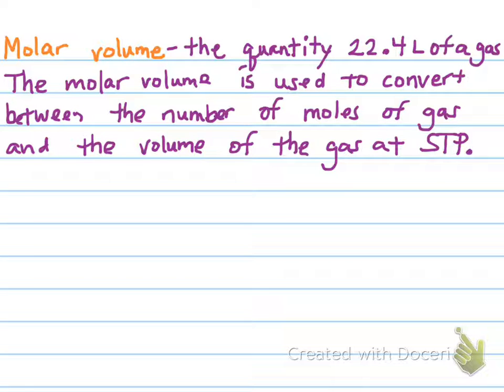So again, this gives us another conversion factor for our chemistry toolkit, right? And this is really our last conversion factor, because right now on your chemistry toolkit you have those 3 conversion factors for count, because that's one of the ways we measure matter. You have molar mass conversion factor for mass, because that's a second way to measure matter. And now you're going to have a 5th conversion factor total on your chemistry toolkit for how we measure matter using volume.